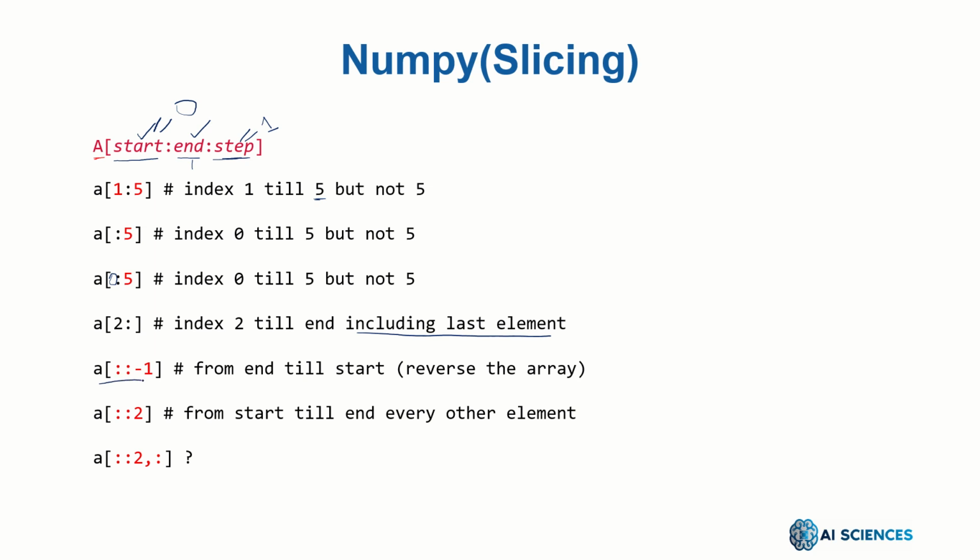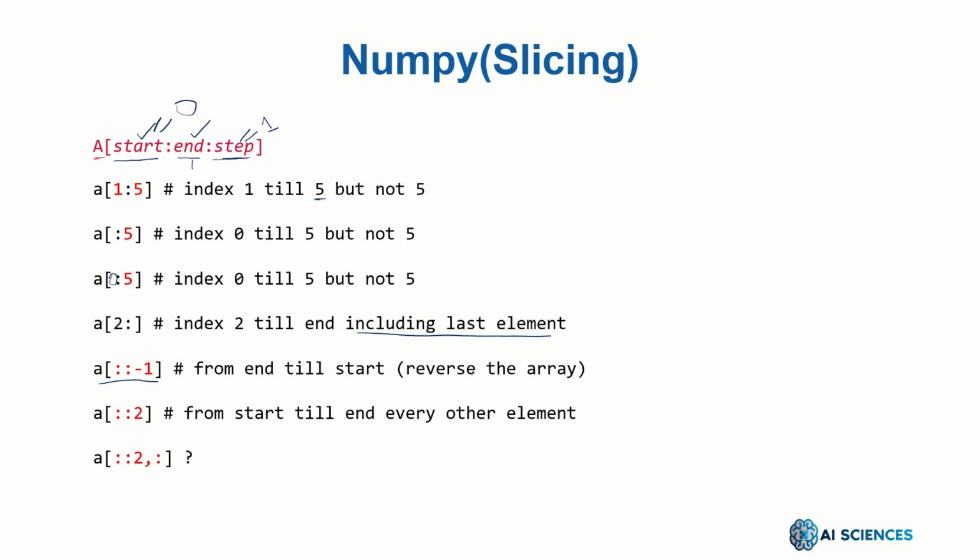This is one very fancy way of reversing the elements. If you give a negative step, the role of start and end in NumPy just reverses. So if you give a negative step size, then the start becomes the end and the end becomes the start. In this particular case, start from the last element, reach the beginning and take a jump of -1.